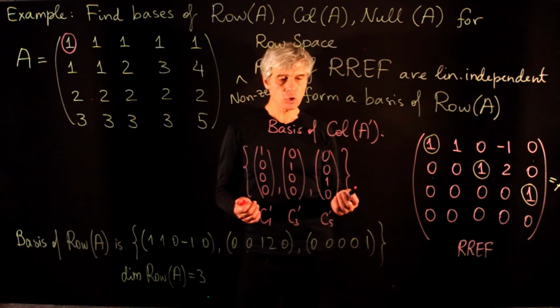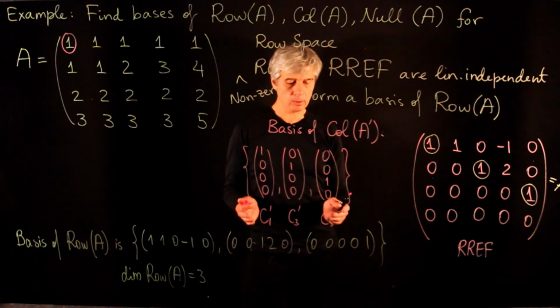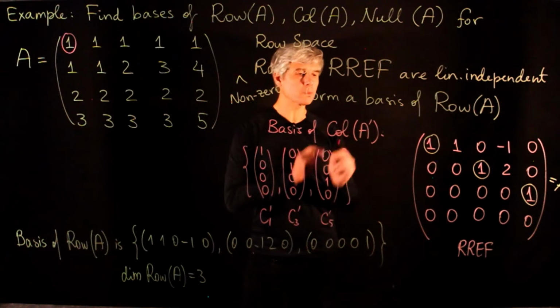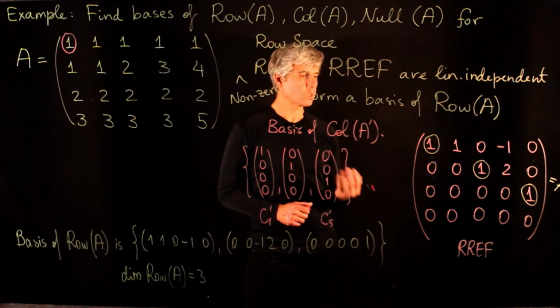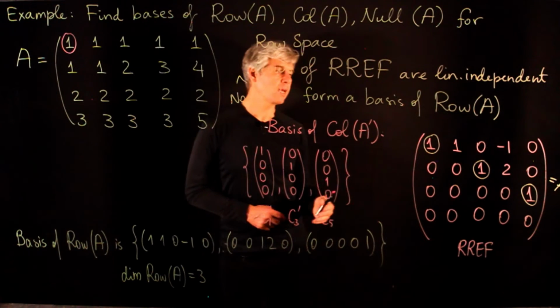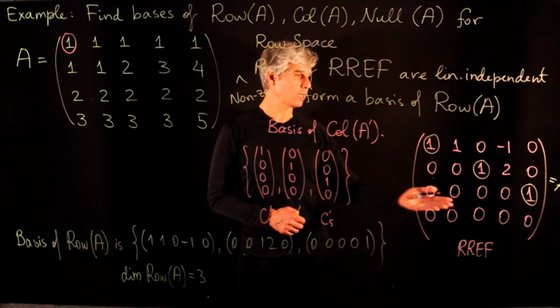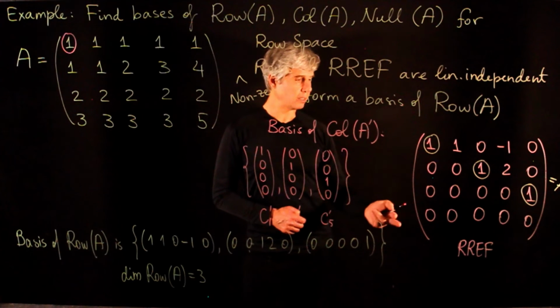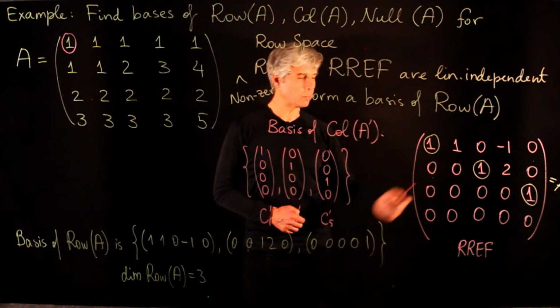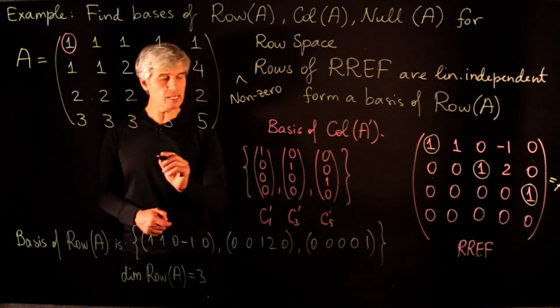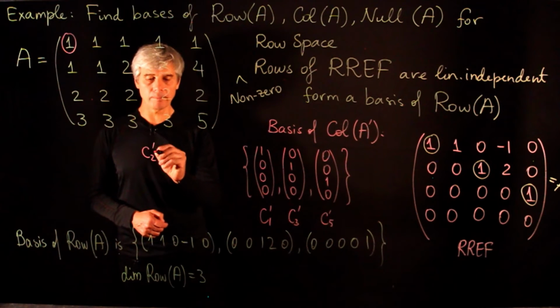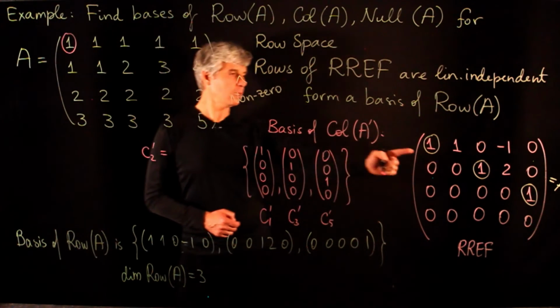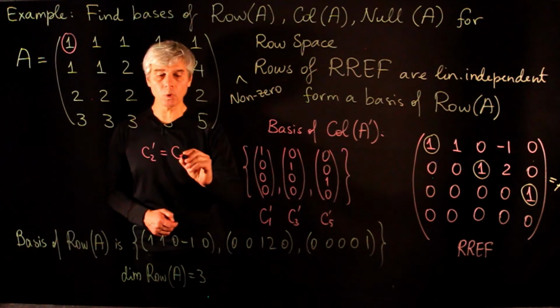Now, let us show that this set of columns spans the column space of A prime. For this, we need to show that every other column in A prime is a linear combination of these columns. But that is easy to see from this matrix, because if we take the second column, it's just the same as the first column.